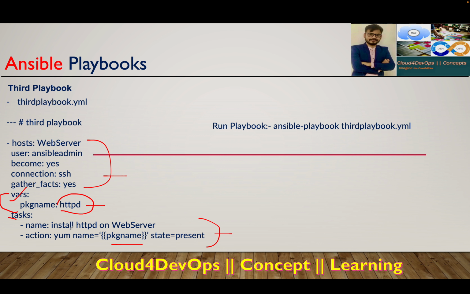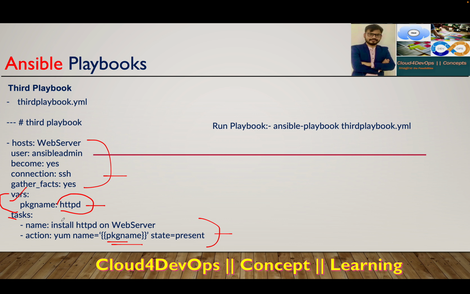Think logically: if you run the task before the variable, it will look for a variable called package name and it will not find anything there. That's why the variable has to be defined before the task in a particular order. So target, variable, and then task.